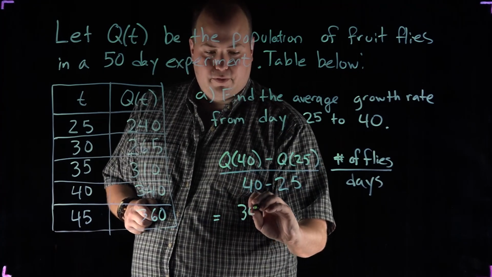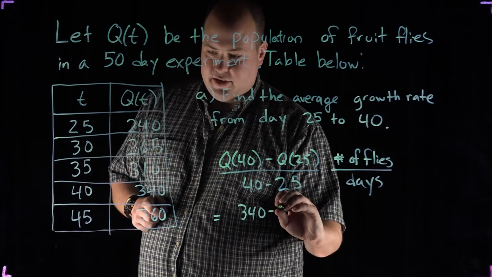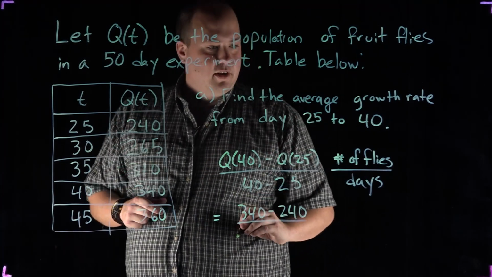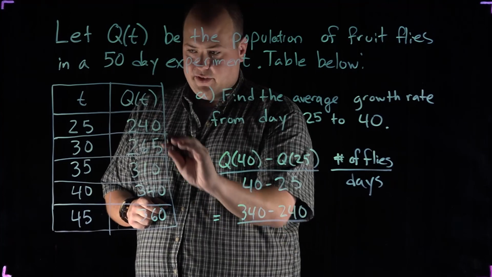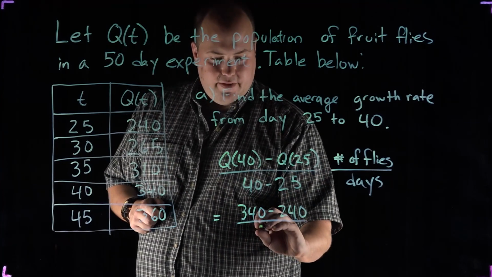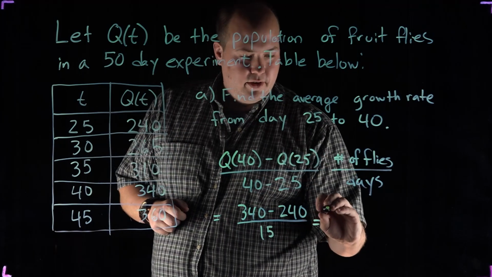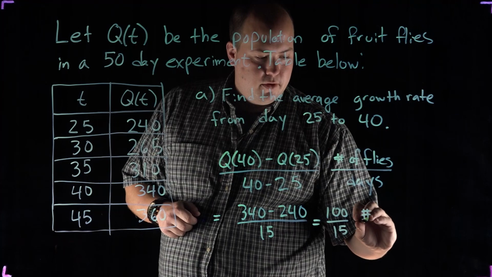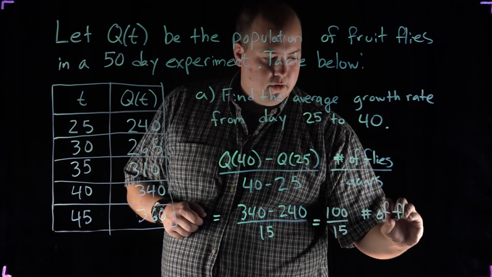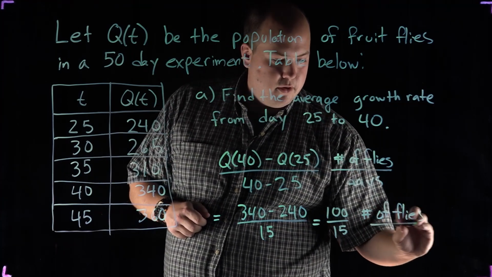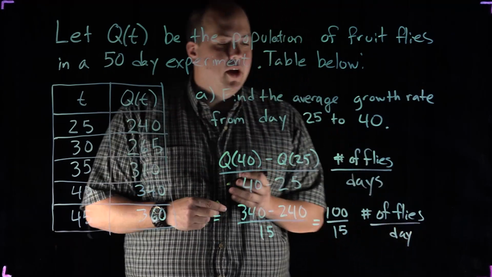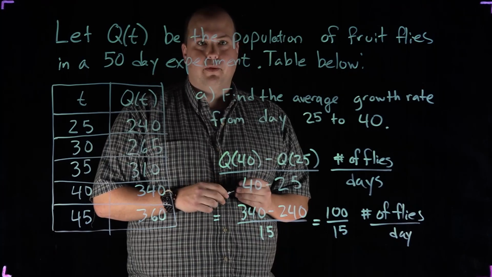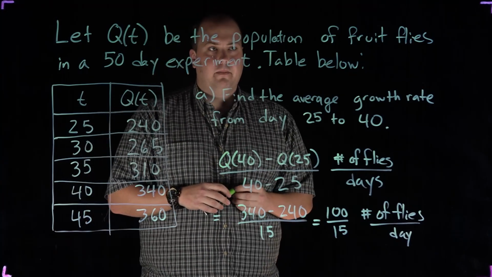We'll get 340 minus 240, so a net change of 100 fruit flies in the course of these 15 days, divided by 15 total days. We will get 100 over 15 flies per day, or 6.6 repeating flies per day.